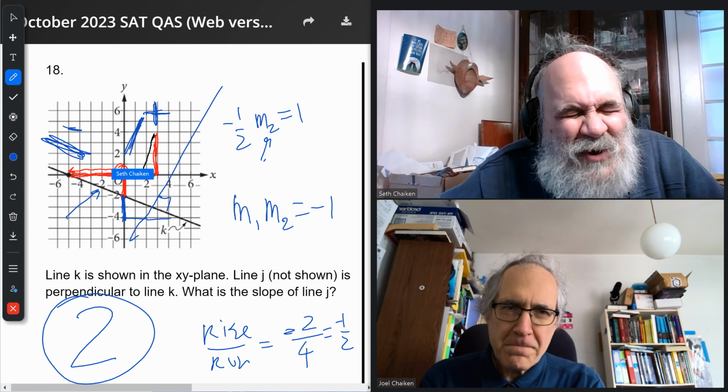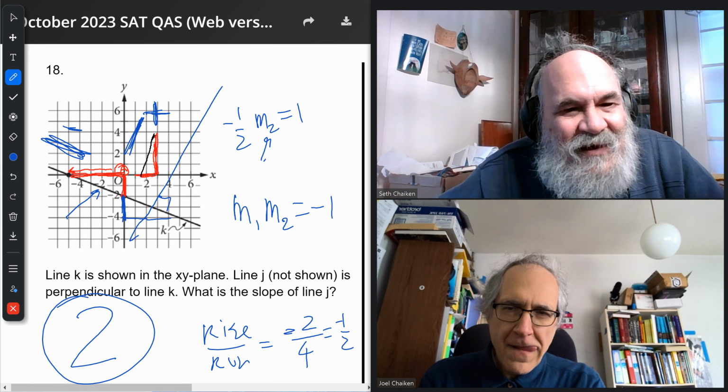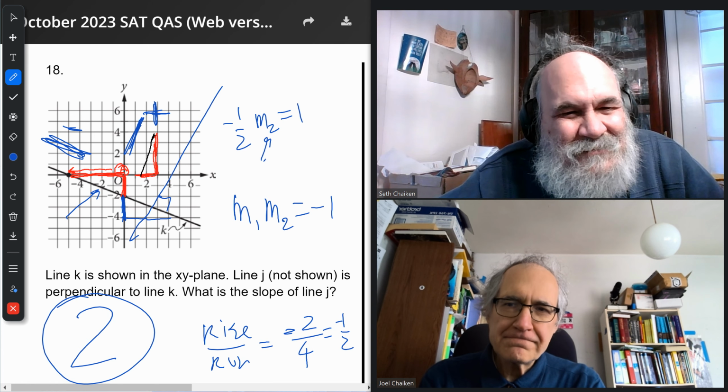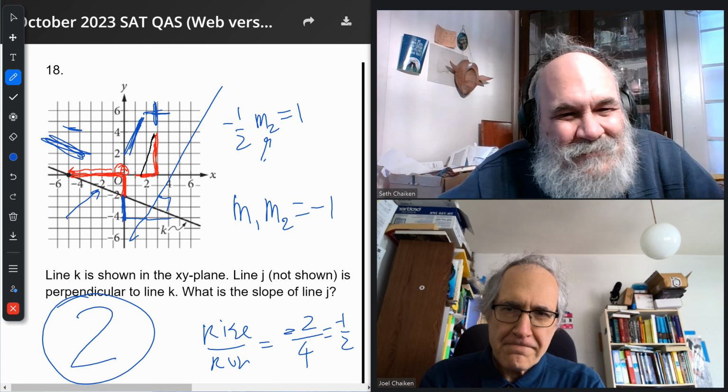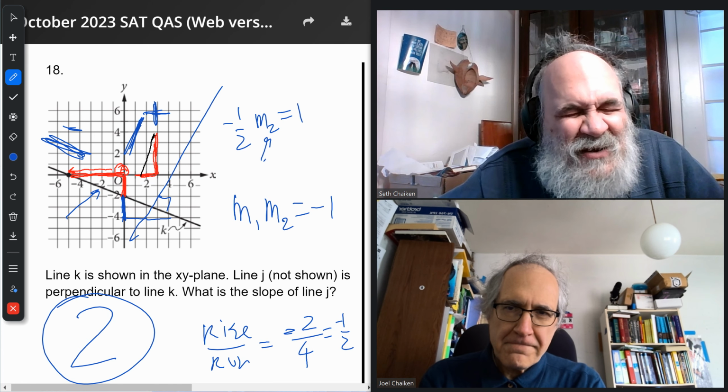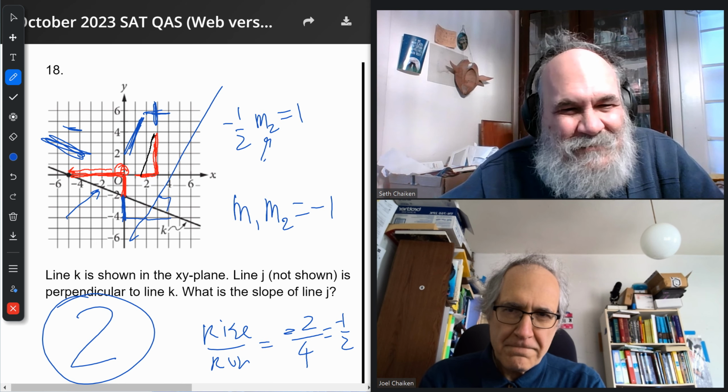And as we go in the negative direction, the change in the height is actually positive.